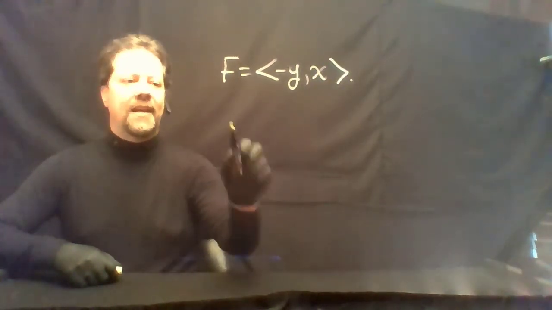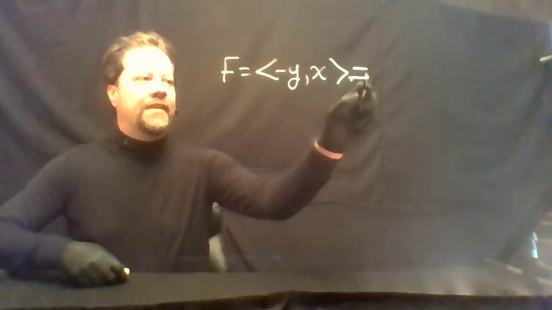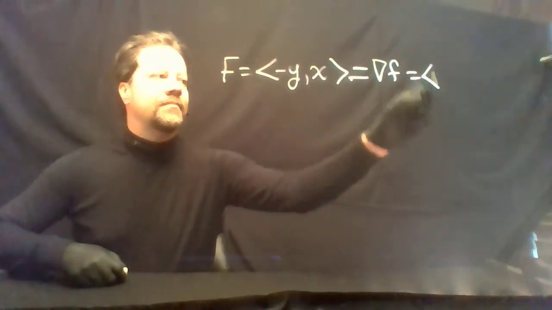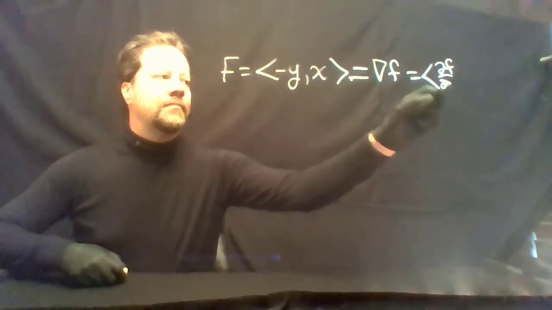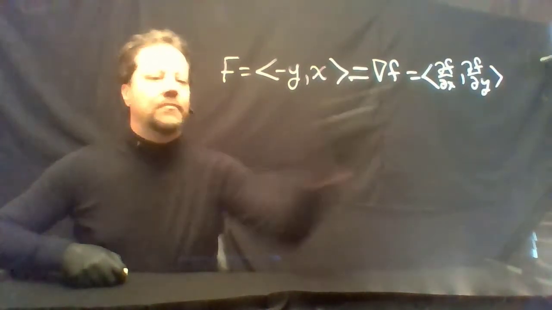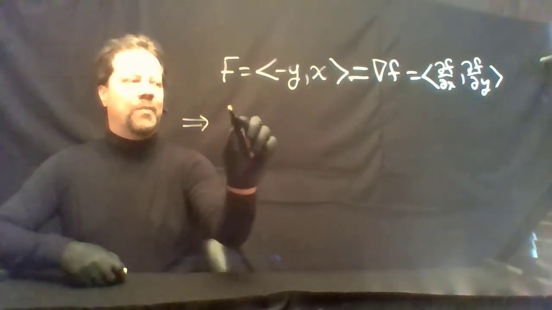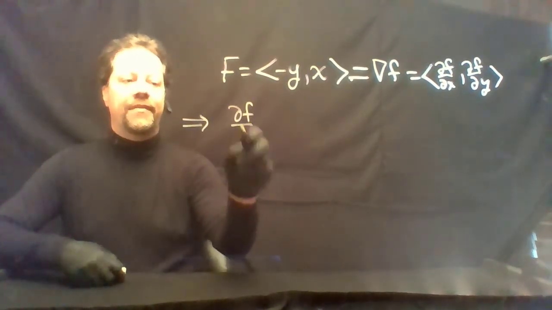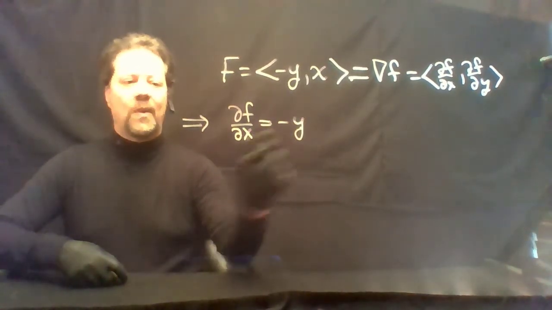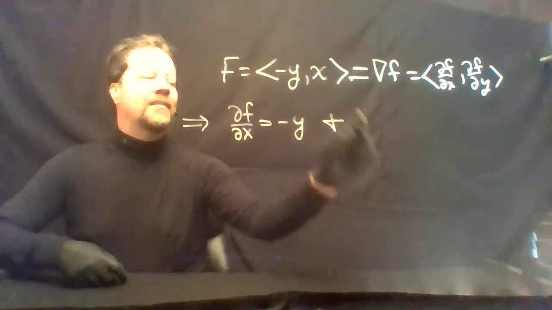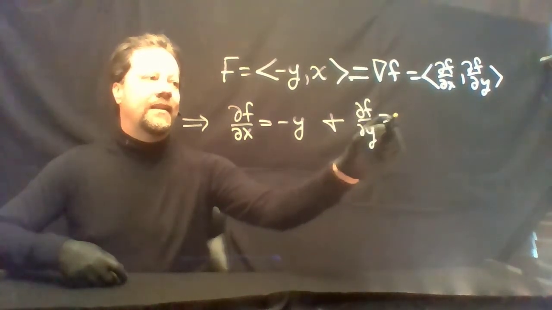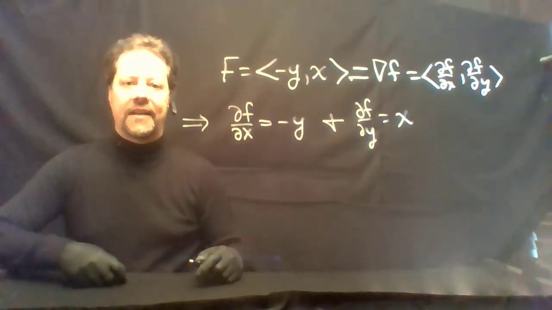In this case, if this vector field is a gradient of a scalar potential, that will imply that the partial derivative of the scalar potential with respect to x is minus y, and the partial derivative of the scalar potential with respect to y is positive x.